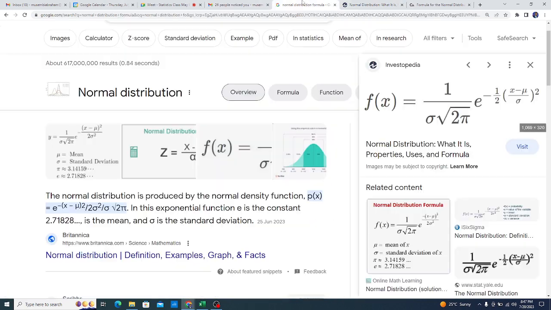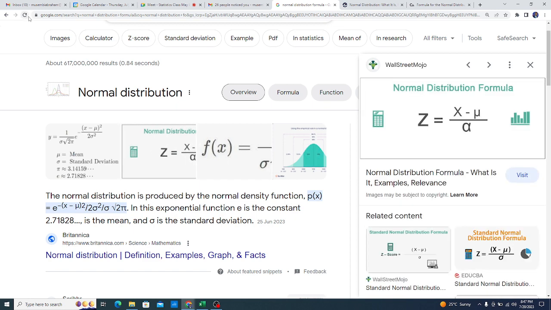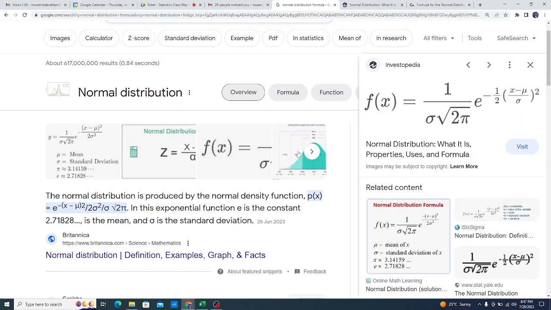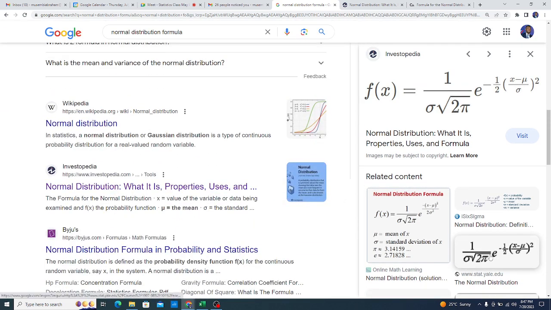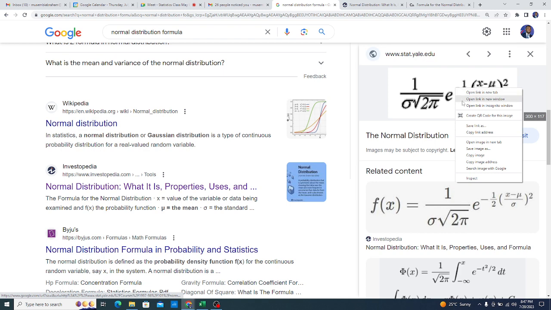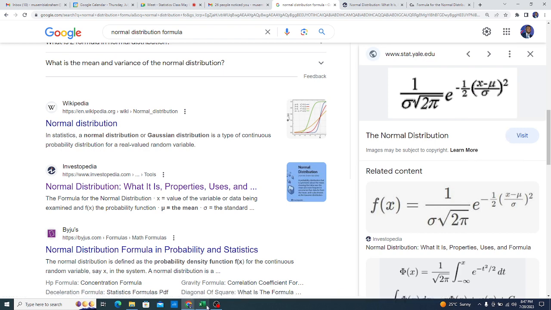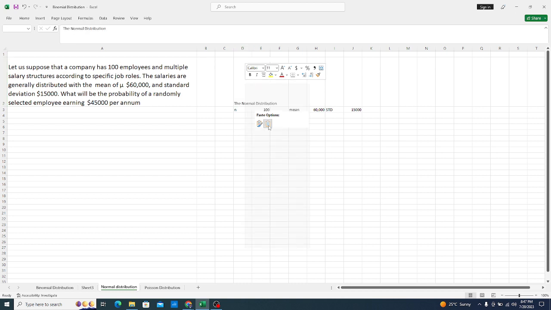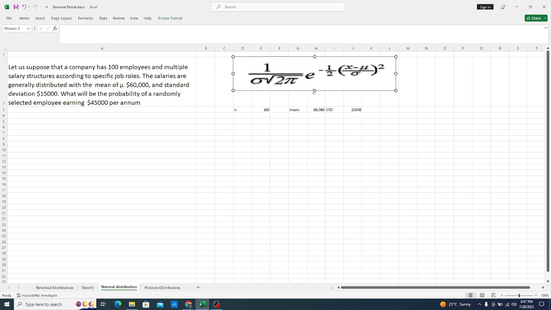Just a minute. Nice. So here is the formula.